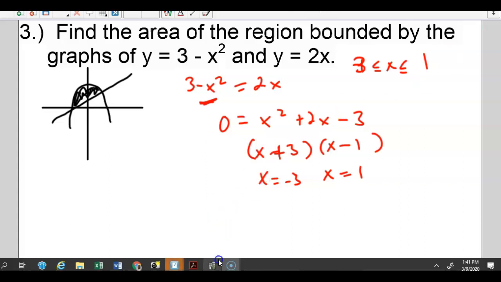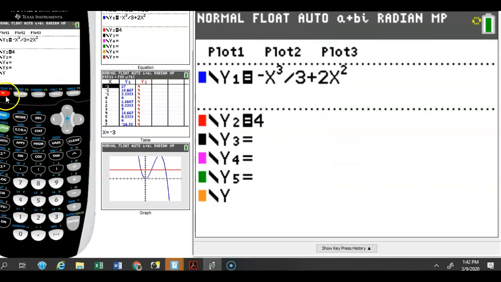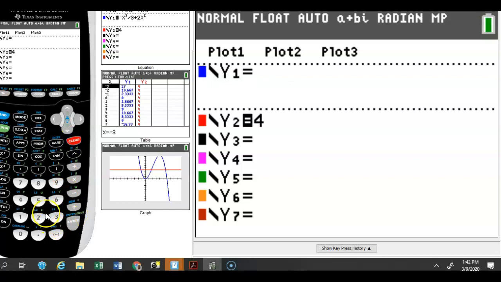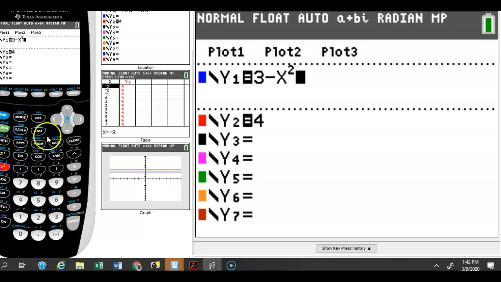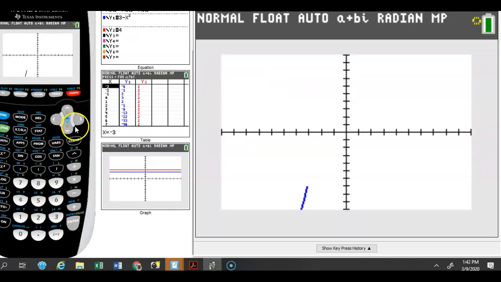So then we graph it. This one was 3 minus x squared, right? And this one was 2x. So we graph it.